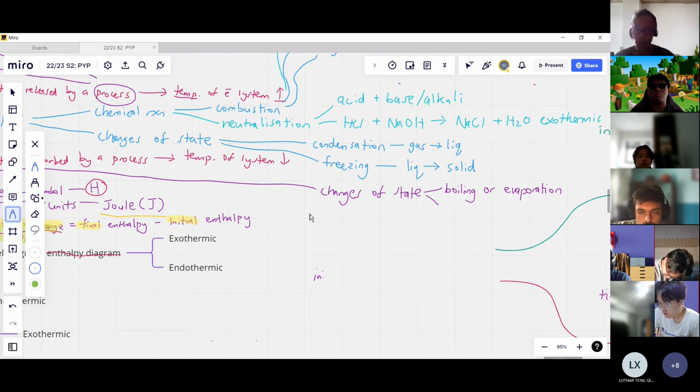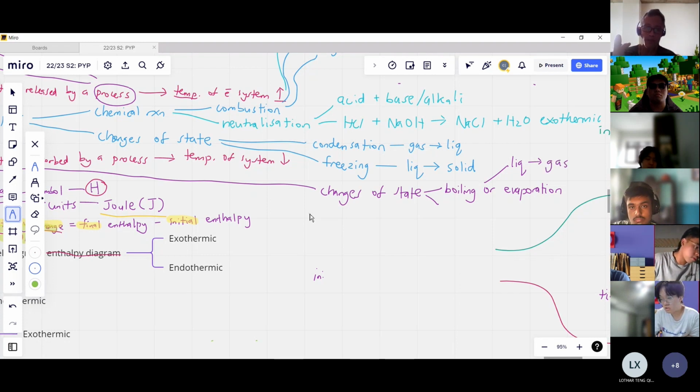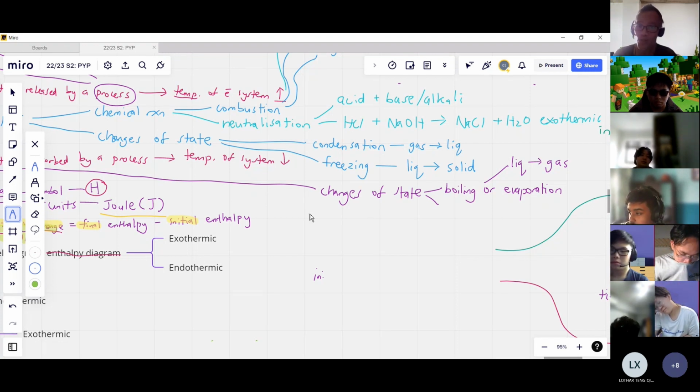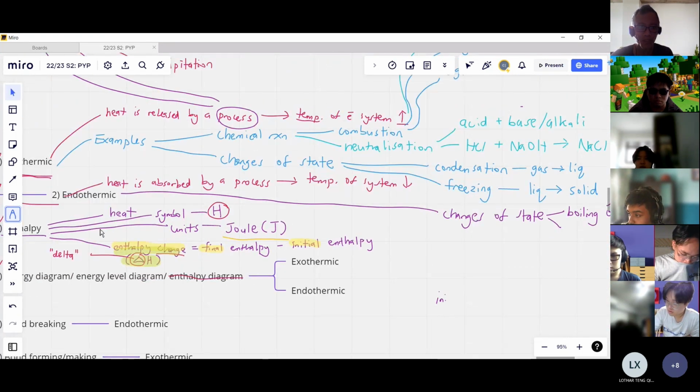Imagine you have your liquid, going from liquid to gas or liquid to vapor. What is happening? The liquid is absorbing the heat, whether the heat is from the surroundings or you supply the heat yourself, in order to become a gas. So that is why boiling or evaporation is endothermic.